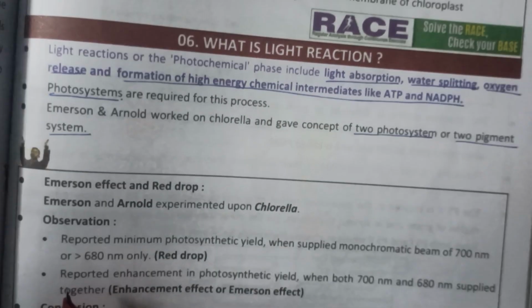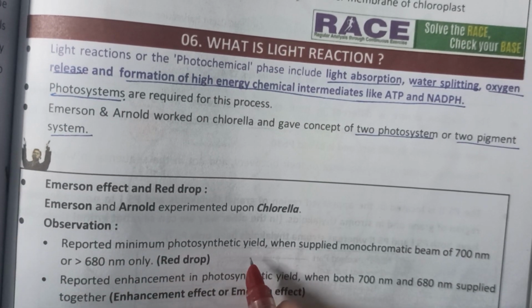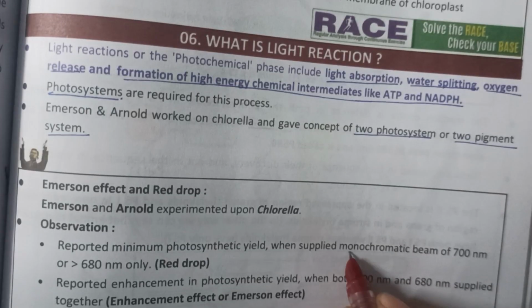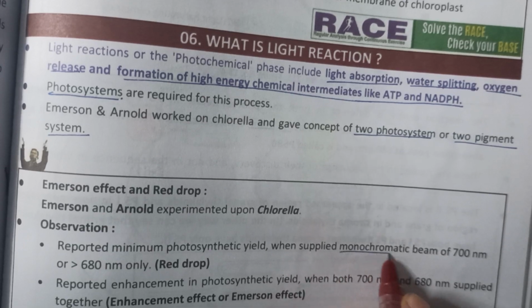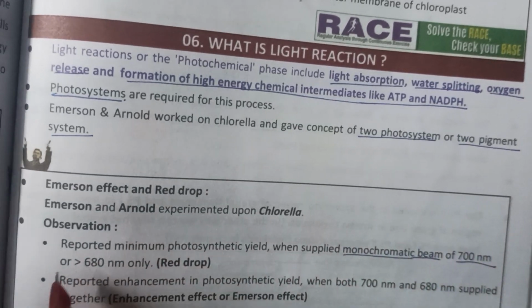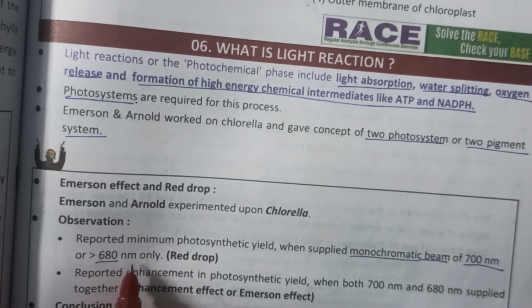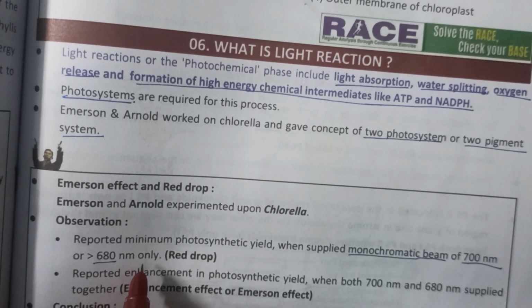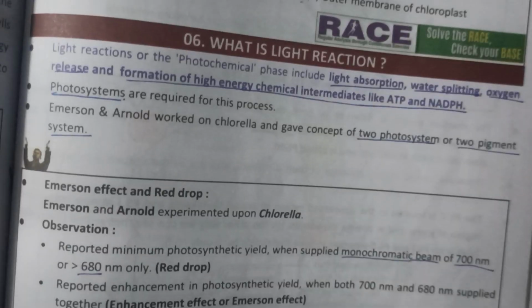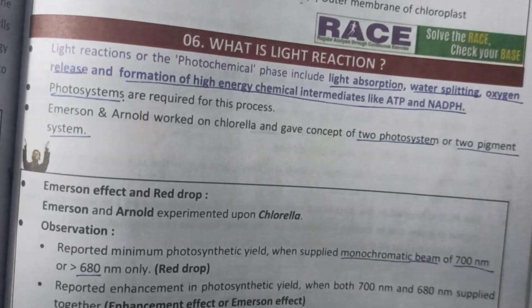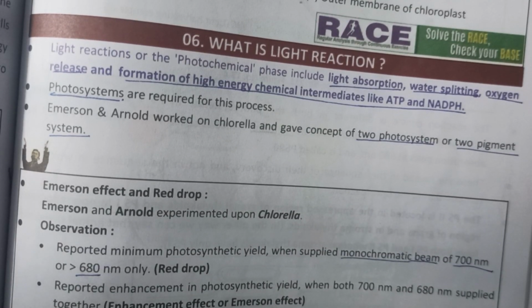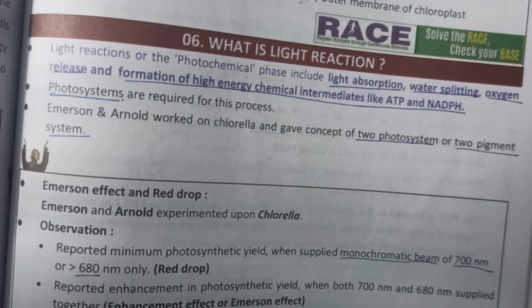The observation reported minimum photosynthesis yield when supplied a monochromatic beam of light of 700 nanometer or greater than 680 nanometer only. So that is beyond the visible spectrum.